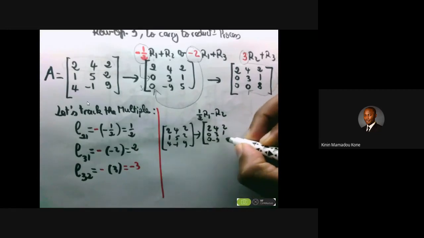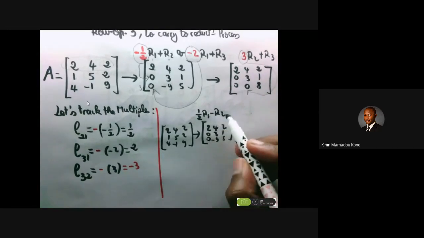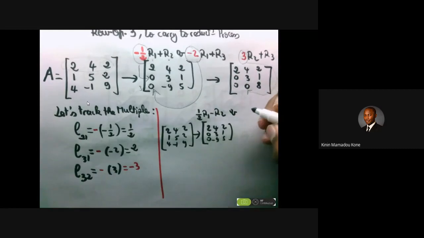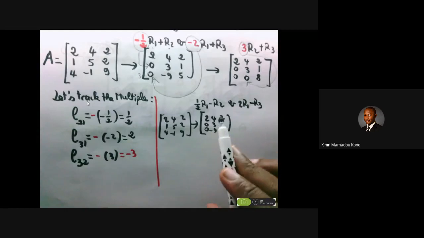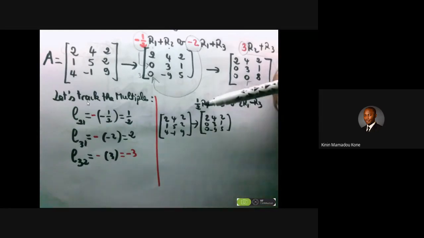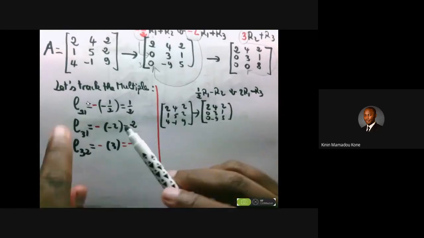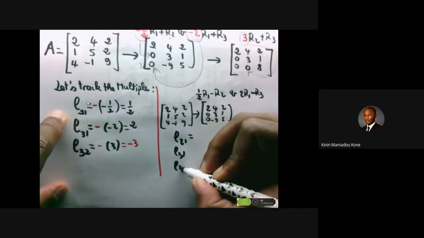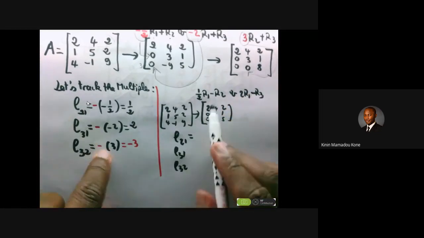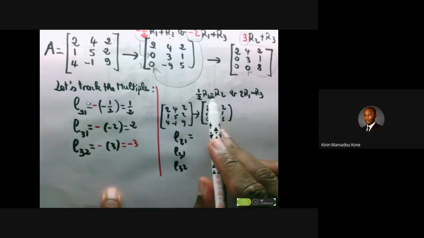Like 2 0 0 4 2 3 1 -9 and then 5. They will have used one half row one minus row two, and they will have done 2 row one minus row three. So if your way of doing the row reduction is taking one row minus another row, if you use the minus sign, you do not need to make it negative when you store your values like 2 1, 3 1, 3 2, because you already used the negative sign when you were calculating.